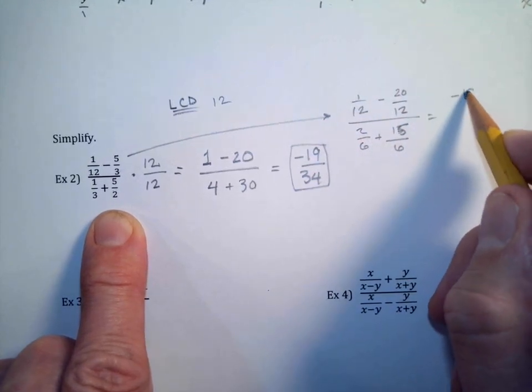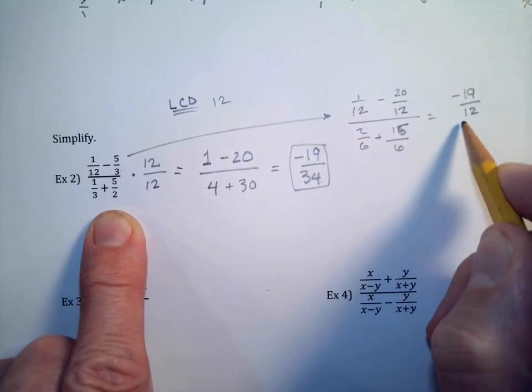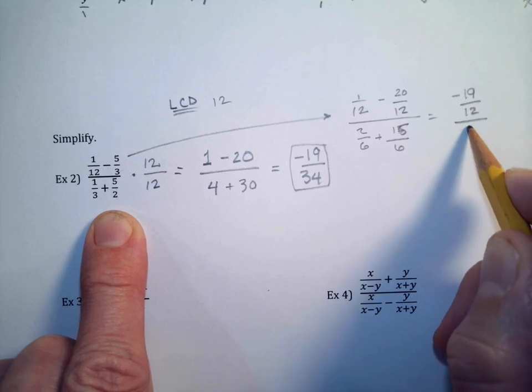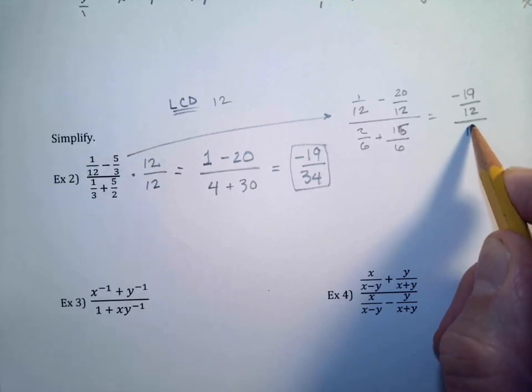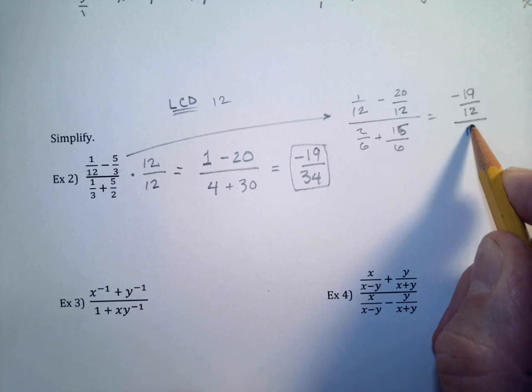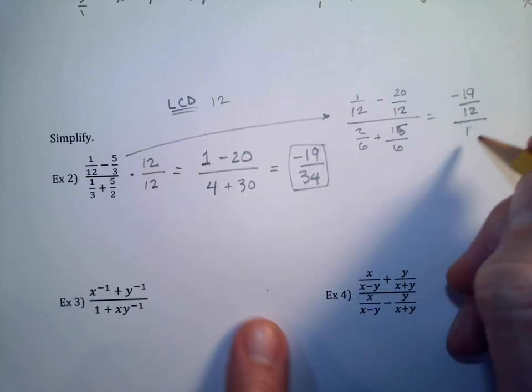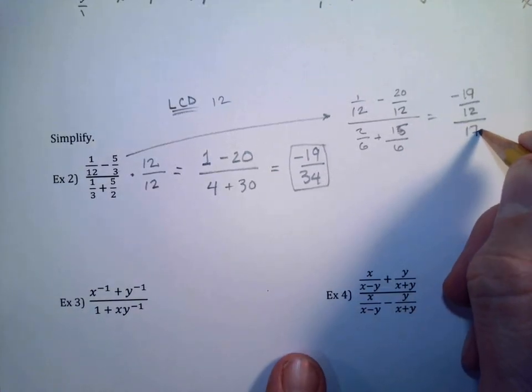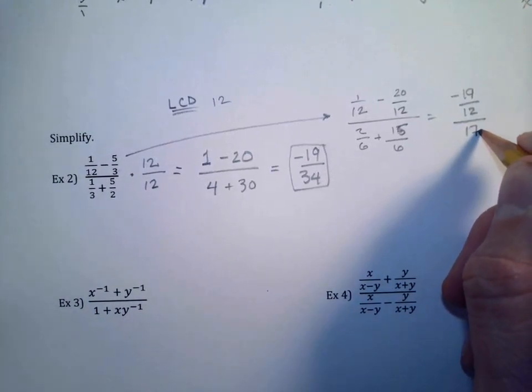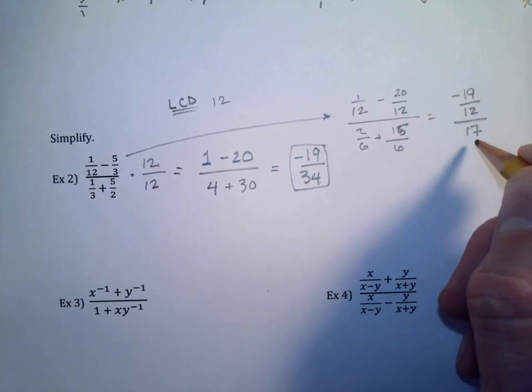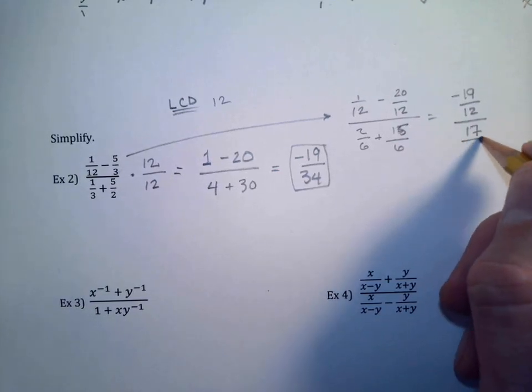That's negative 19 over 12 divided by what is that, 17? Wait, something's wrong. 1/3. No, that's right. 17? Oh yeah, 17 over 6. Yeah, over 6.